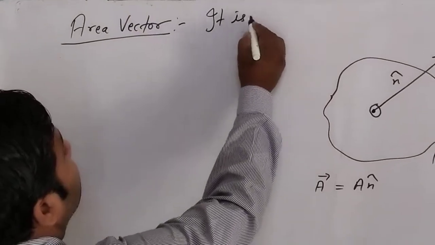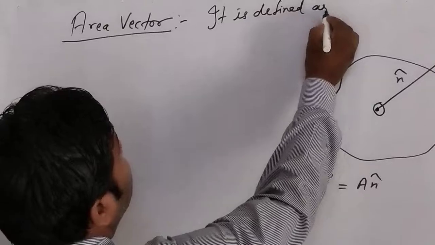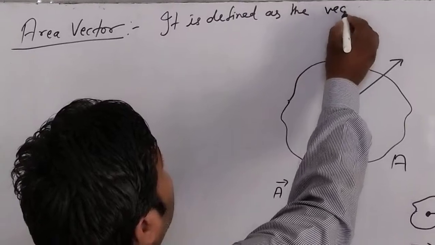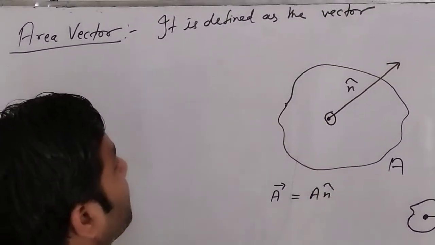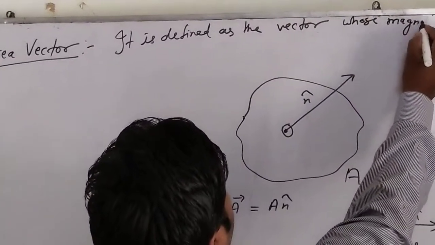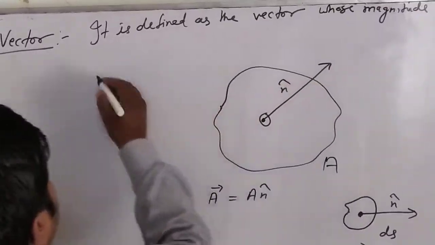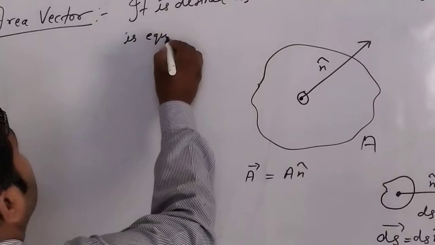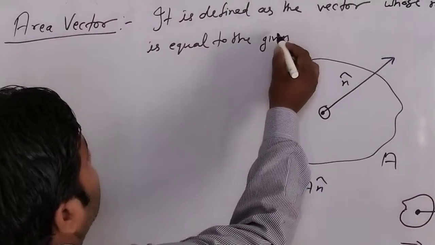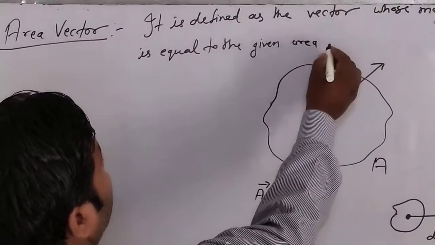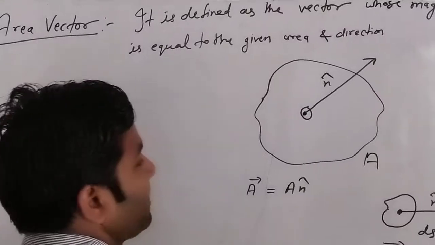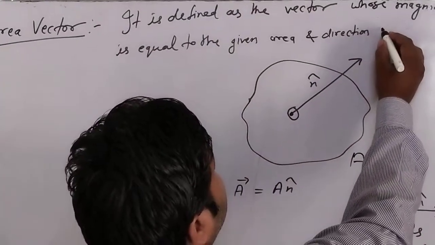It is defined as the vector whose magnitude is equal to the given area and direction is normal to the given surface.